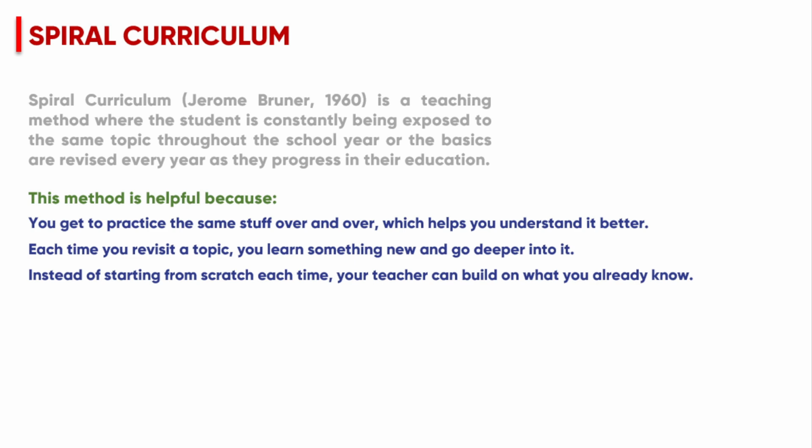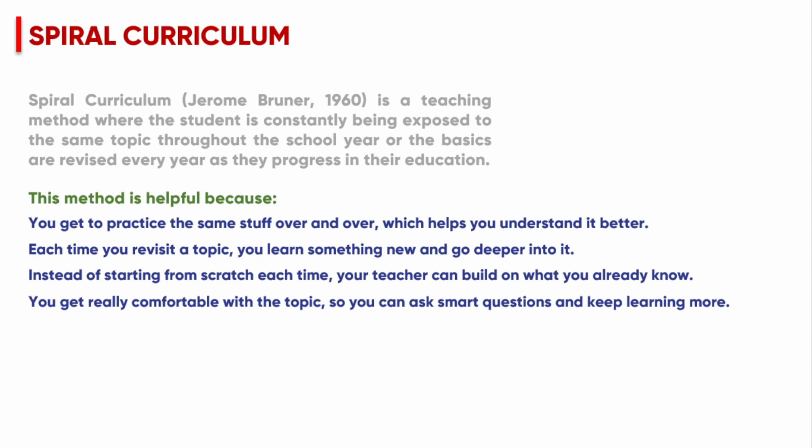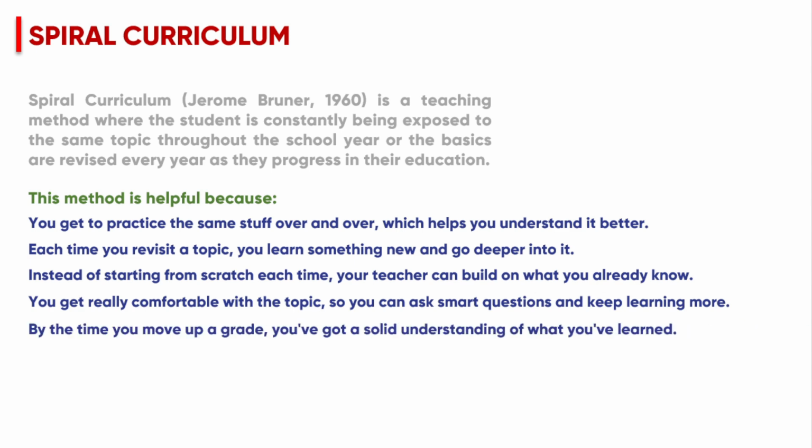Instead of starting from scratch each time, your teacher can build on what you already know. You get really comfortable with the topic, so you can ask smart questions and keep learning more. By the time you move up a grade, you have got a solid understanding of what you have learned. Now try this.